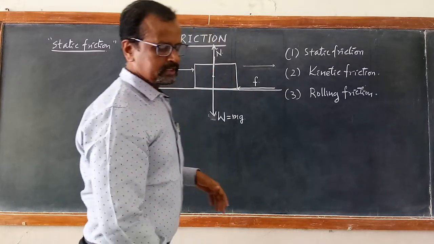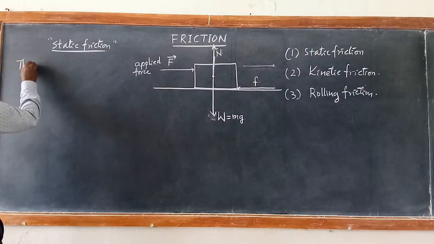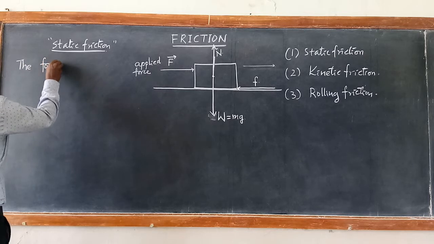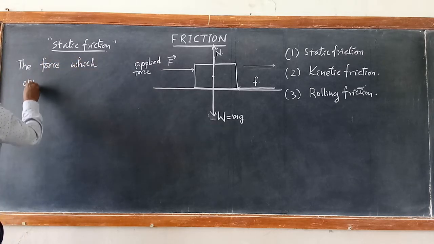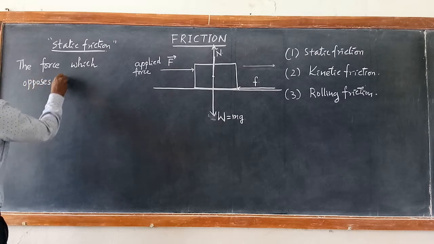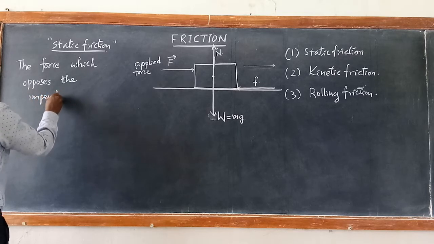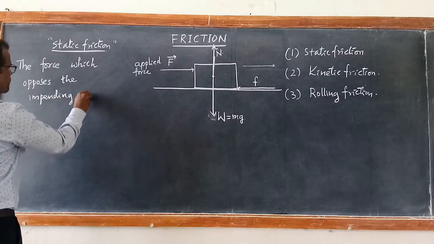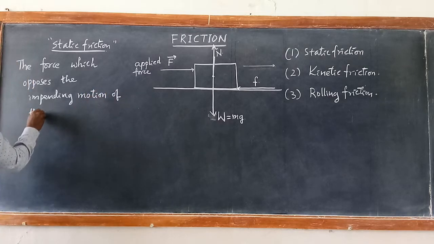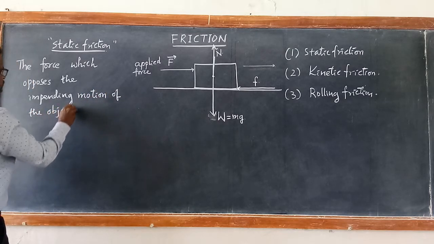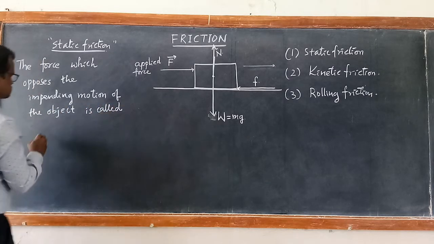Now, what is the meaning of static friction? You just write it. The force which opposes the impending motion of the object is called static friction.